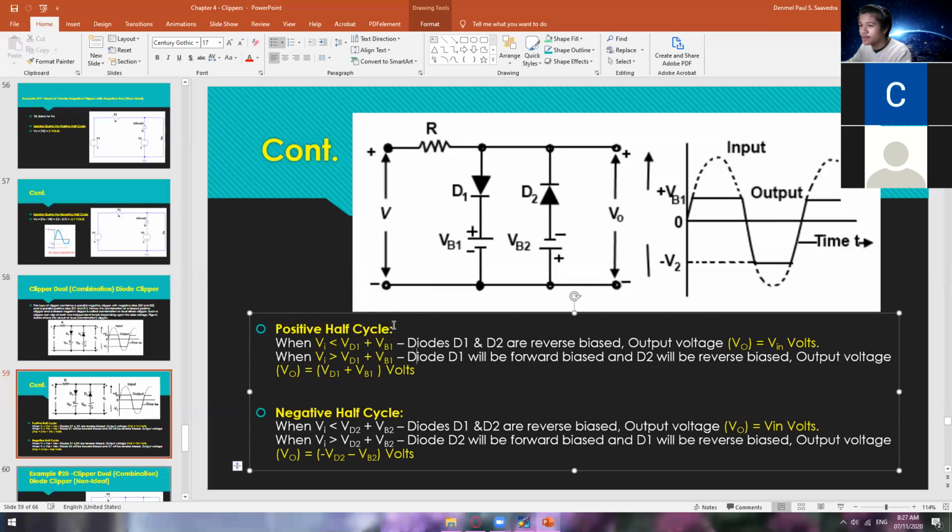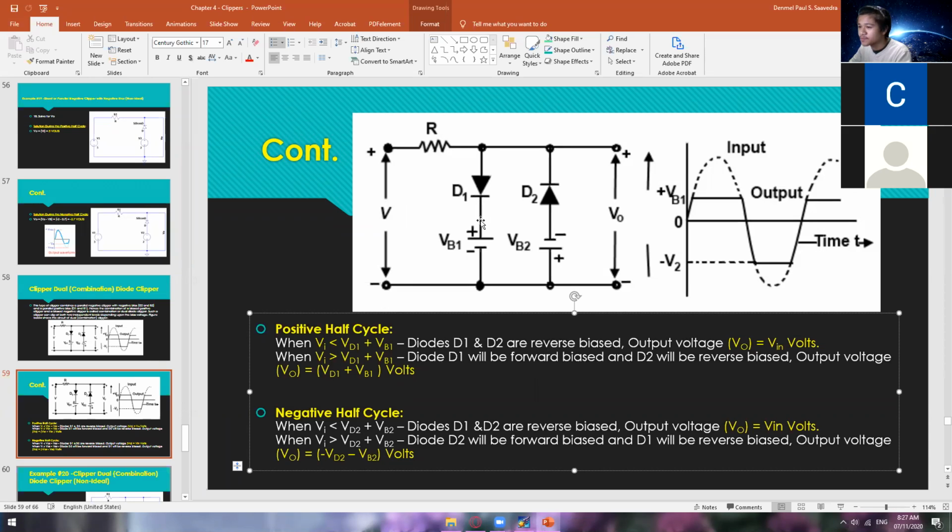The first one is for the positive half cycle. When V sub I is less than VD1 plus VB1, diodes D1 and D2 are reverse biased. As you can see right here, let's say V sub I is less than VB1.